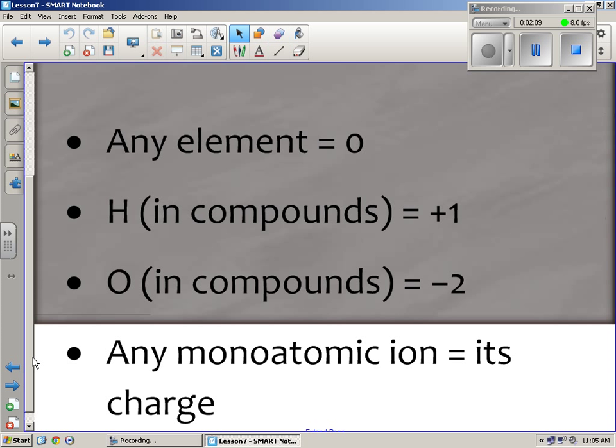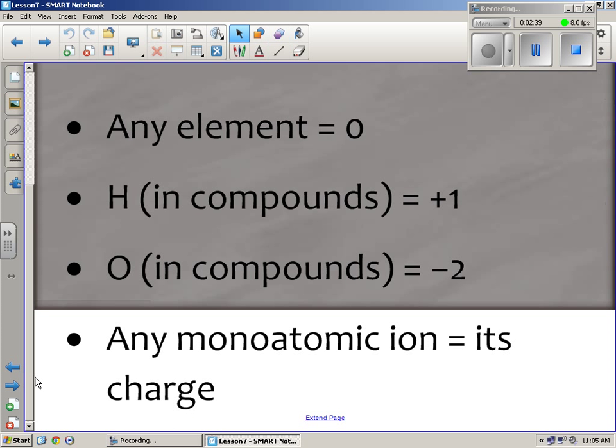Chlorine, Cl2, gas, 0. It does not have a charge. It's an element by itself. H's are 99% of the time going to be a +1. Oxygen's 2-. You can kind of remember that because H always forms H+, usually, and O is a 2-. So those are the common ones.